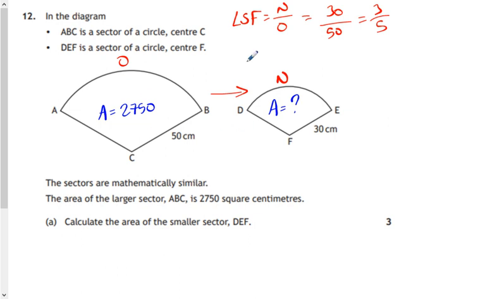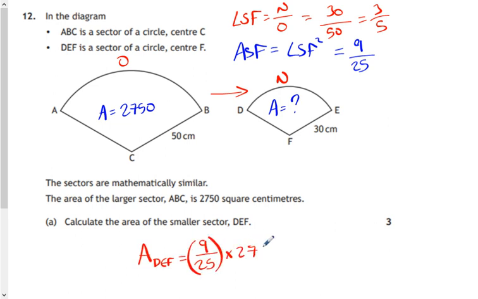Now, if we want to calculate the area, the area scale factor is actually the linear scale factor squared, which is 3 squared over 5 squared, or 9 over 25. So with that in mind, the area of DEF is going to be 9 over 25 times 2,750, which comes out as 990, and this is centimeters squared.